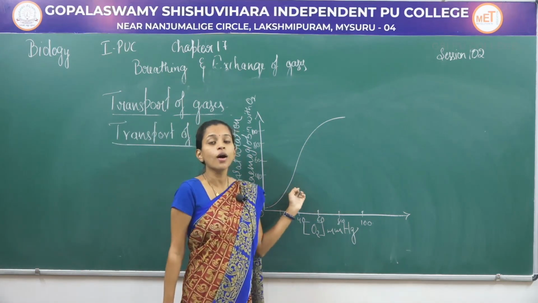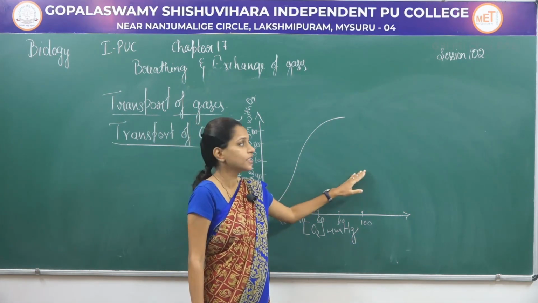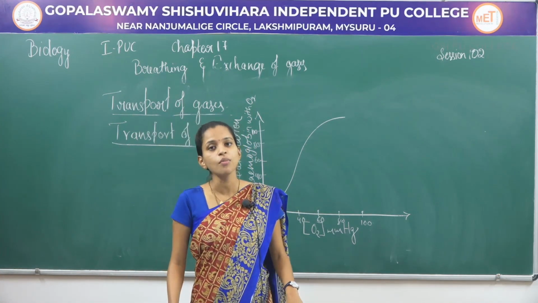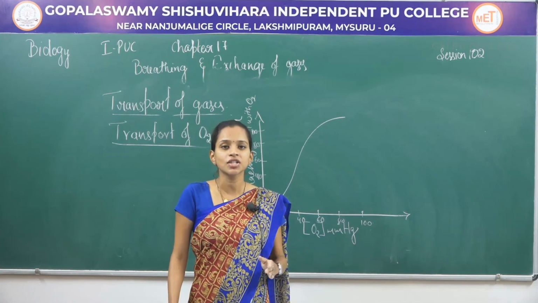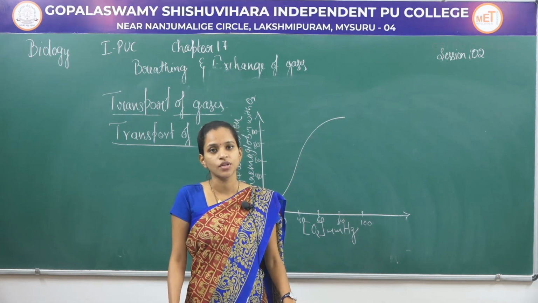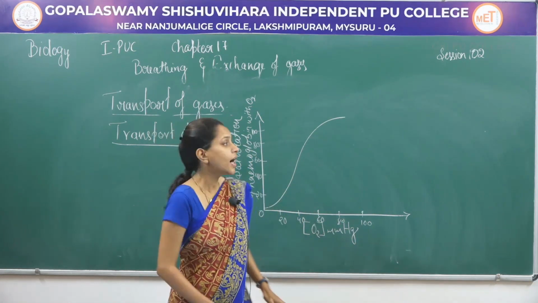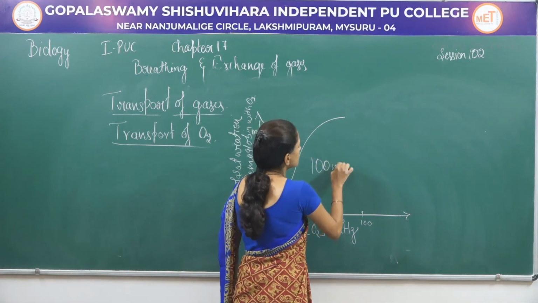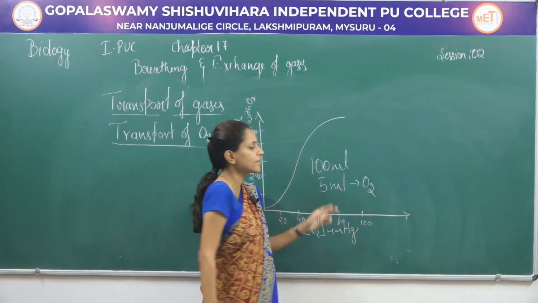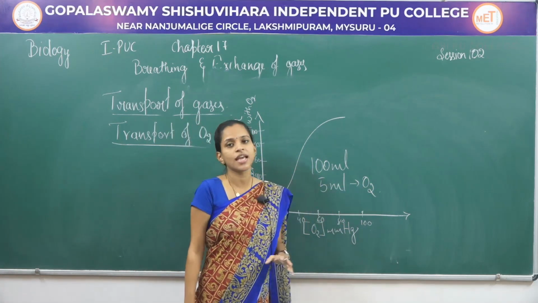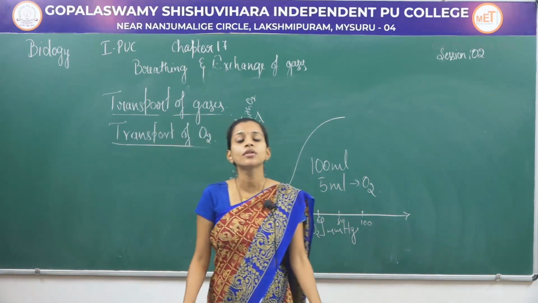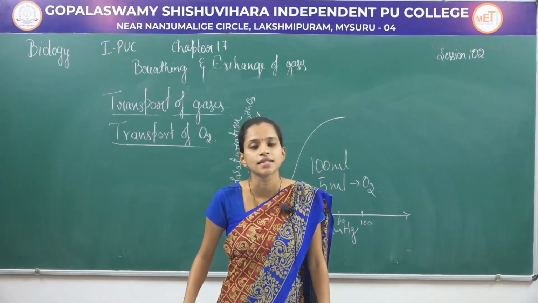This curve is called the oxygen dissociation curve, which represents the association of oxygen with the hemoglobin to form oxyhemoglobin, and reduction in the partial pressure of oxygen leads to dissociation of the oxygen from the hemoglobin. 100 ml of blood almost delivers about 5 ml of oxygen. In 100 ml of blood, 5 ml of oxygen can be combined to form oxyhemoglobin. So, that is about transport of oxygen which takes place in our body.